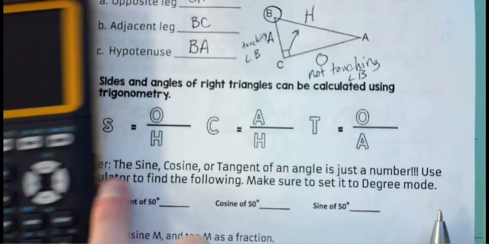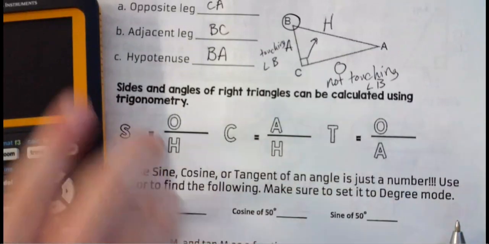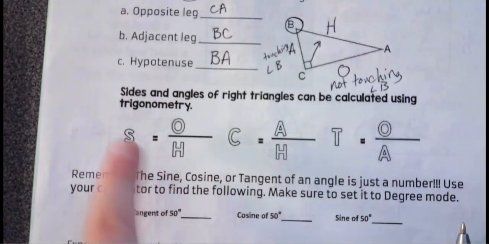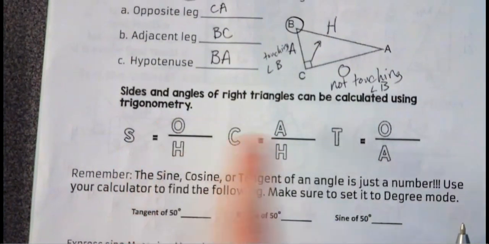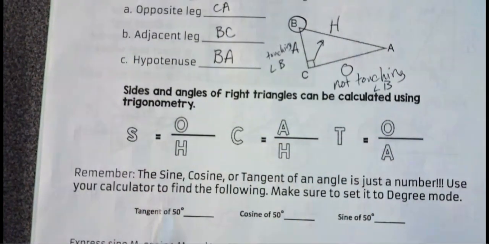Like with the Pythagorean theorem, in the past, you had 2 of the sides of the triangle to find the third. For this one, you only have to have one side of the triangle and one angle besides the right angle to be able to figure out all the other sides using these ratios right here. This is sine, cosine, and tangent, and it goes with O and H, A and H, O and A. You won't really have to memorize it, but there is an acronym.